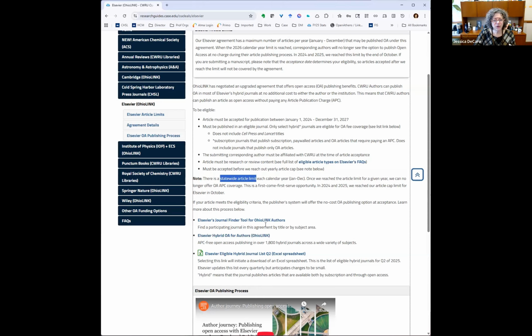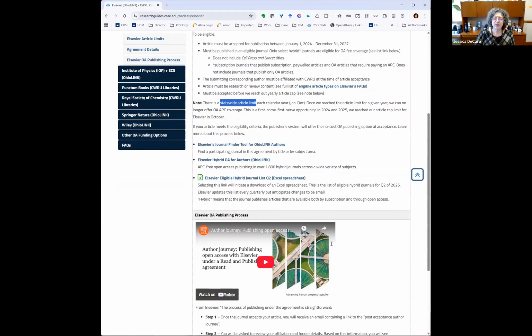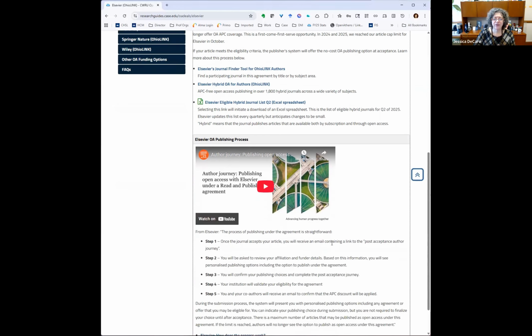Down below is the journal finder tool so that you can see what participating journals are in the list. There's a link for a guide for authors for Elsevier specifically. And there's just lots of information on each individual page.